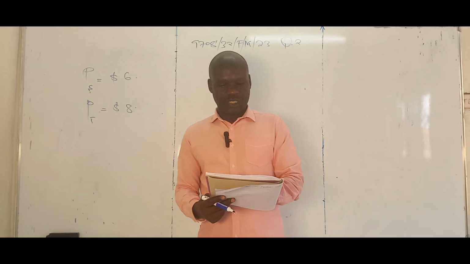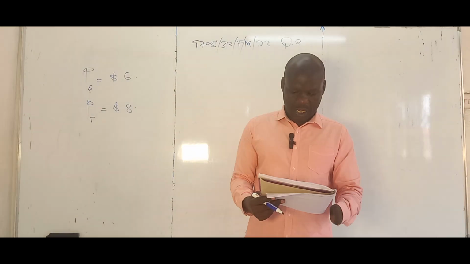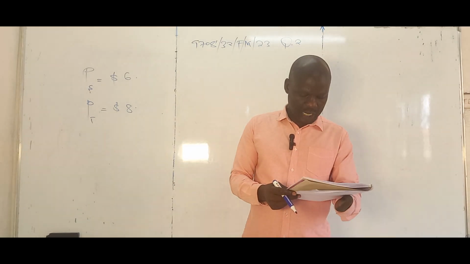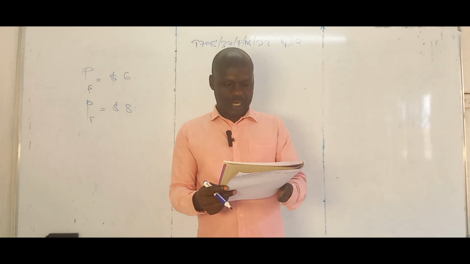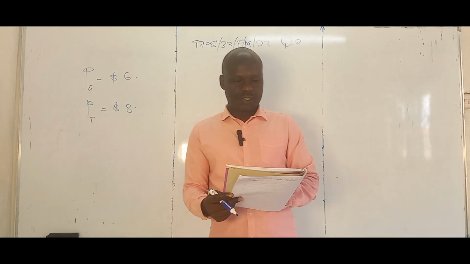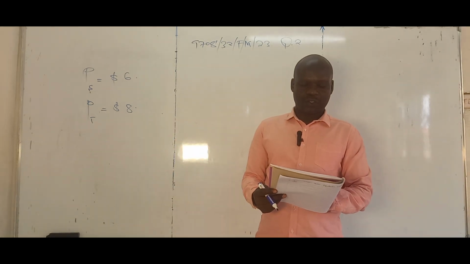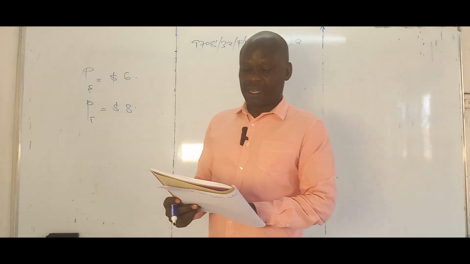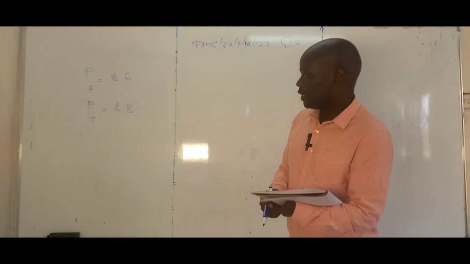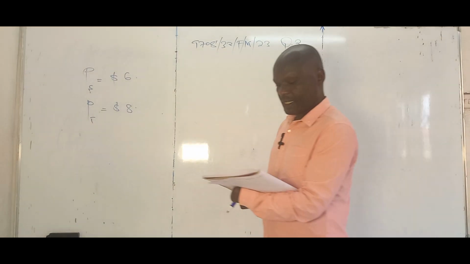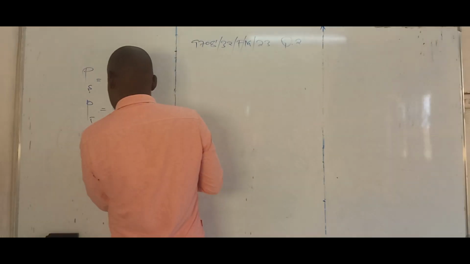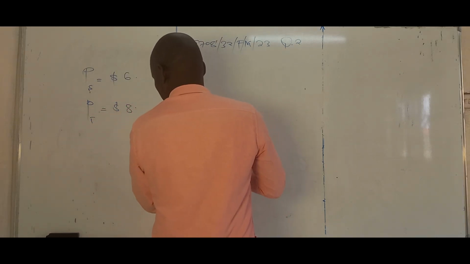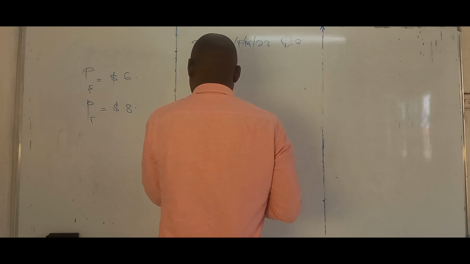So in this case, the consumer is indifferent between the two, and we want to find the right combination so that by consuming both goods, the maximum utility is achieved. So first, I'll have to draw this before we proceed.